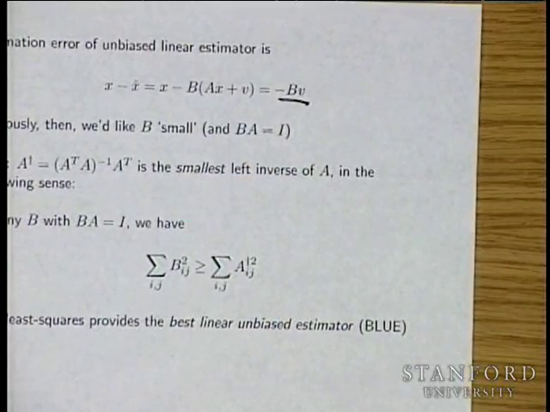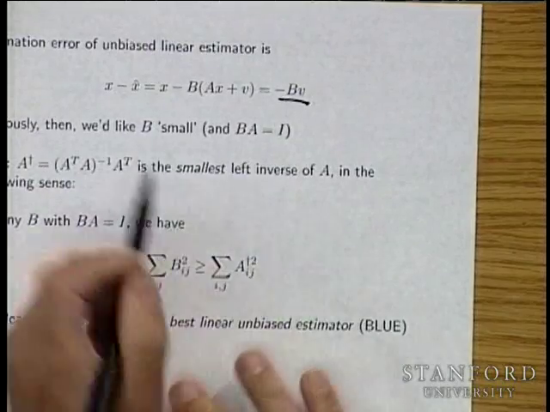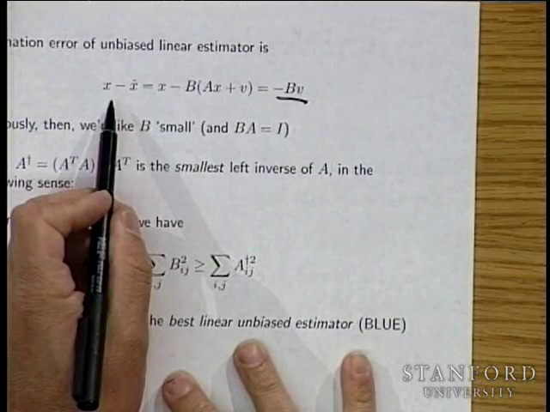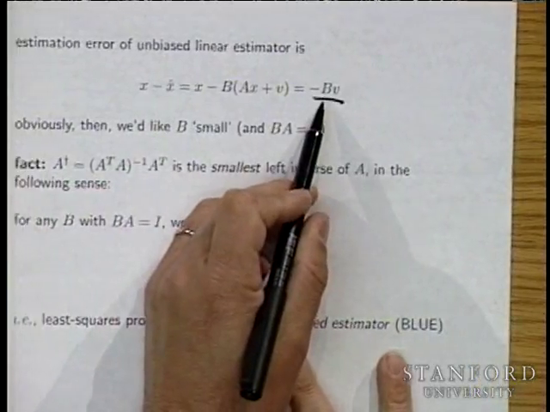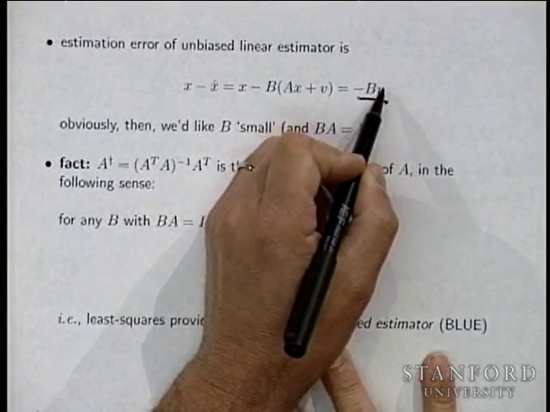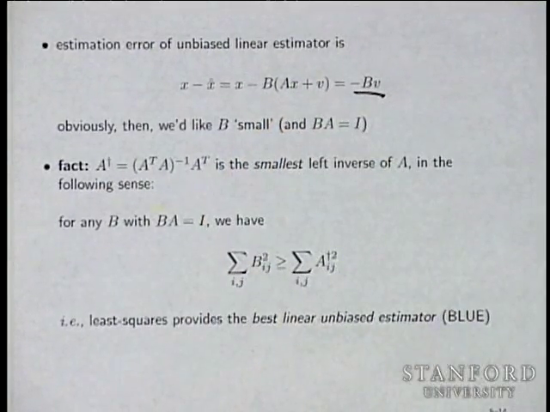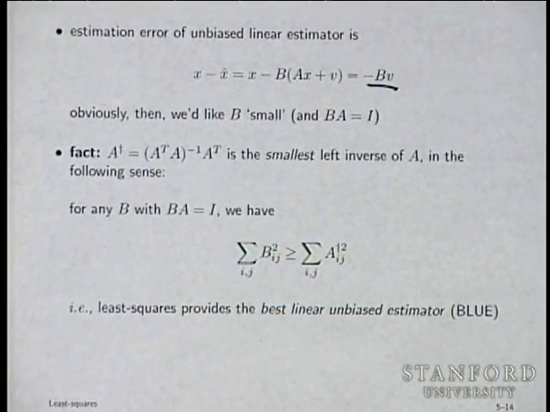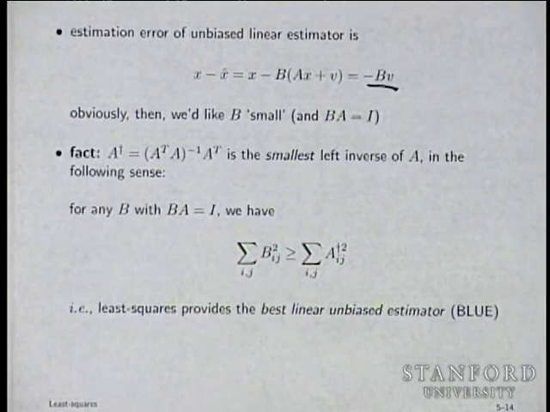So what happens with an unbiased linear estimator is that your error is completely independent of what x is, and it depends only on B. In fact, it's B multiplied by v. Now you can see that not all left inverses are the same.